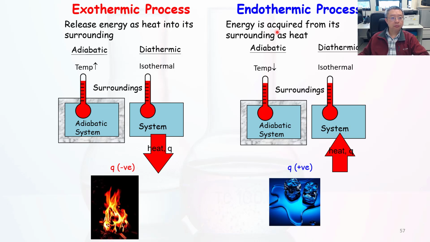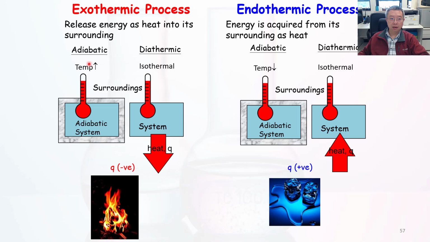Let's say there are combustion engines or whatever, burning some fuels. If the system is somehow isolated from the surroundings, and the heat really cannot be released to the environment, this will cause the temperature of the system to go up.